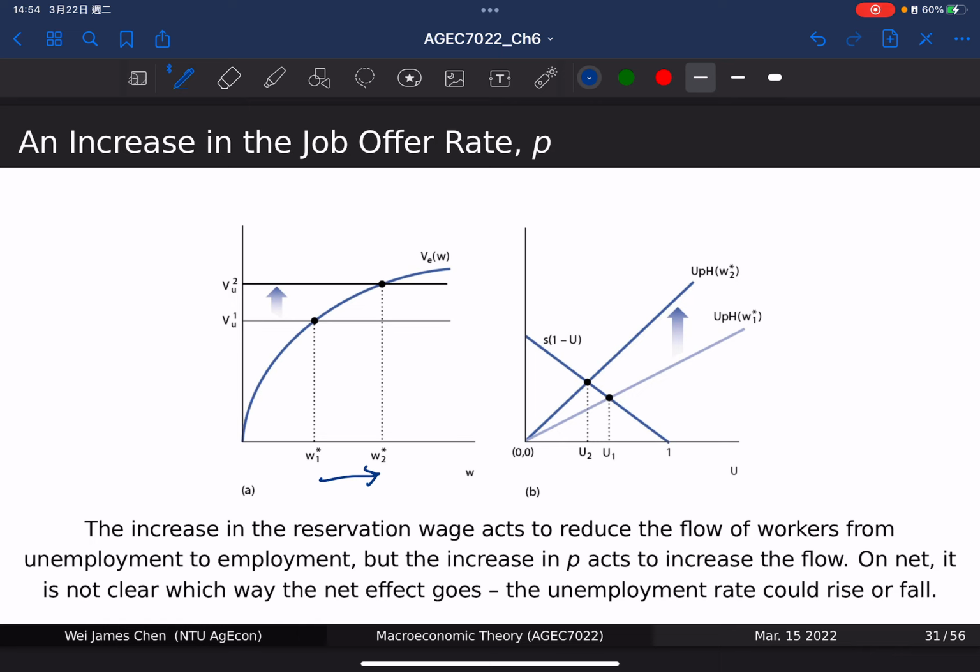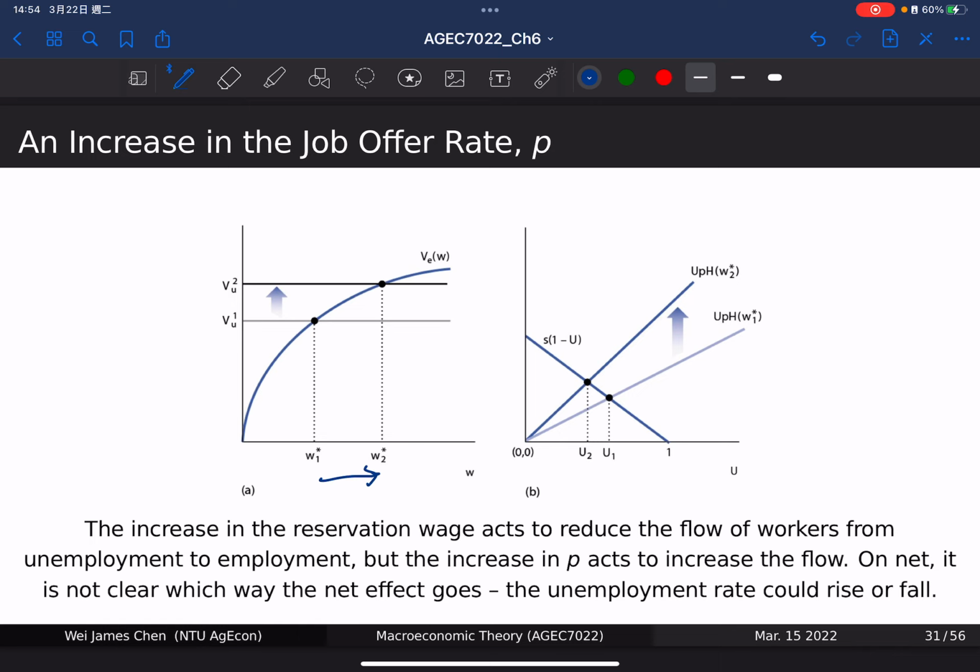So I have a higher reservation wage, right? I don't need to accept too low an offer right now, because if I decline this round, there's a larger chance that I will get a new offer next round. And because it's randomly drawn, if I'm not satisfied with the current rate, the next round it could be higher, right? So as the P is higher, VU must increase, so the reservation wage increases.